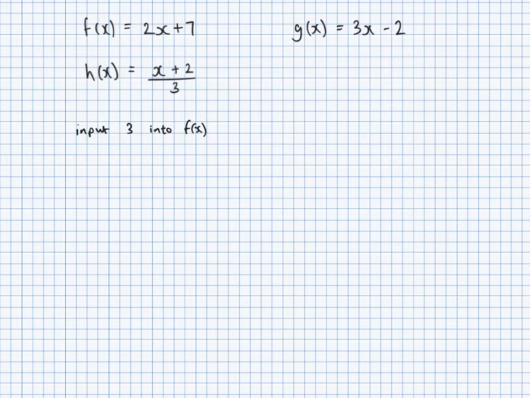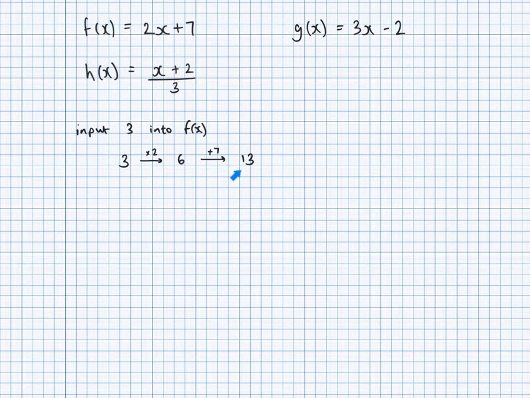I'm going to take 3 and I need to times 2 first, and then I need to add 7. So I'm going to times 2, which gives me 6, and then add 7, and that gives me 13. So when I input 3 into f of x, my output is 13.